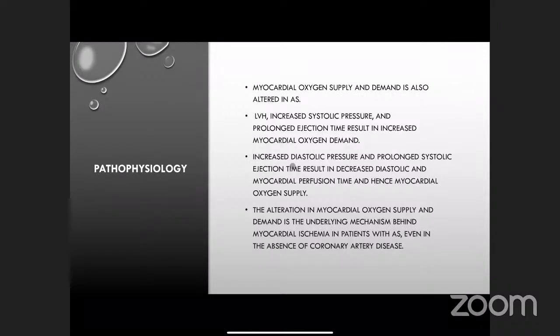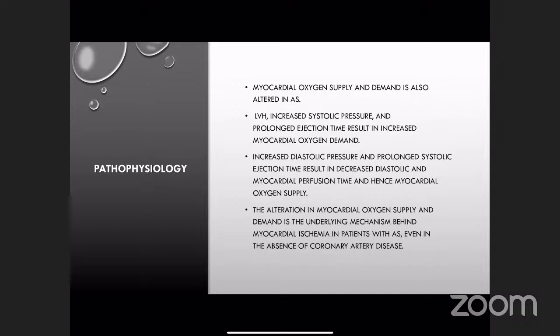Myocardial oxygen supply and demand also is altered in aortic stenosis. The myocardial oxygen demand is increased and the supply is decreased. The left ventricular hypertrophy, increased systolic pressure, and prolonged ejection time result in increased myocardial oxygen demand.